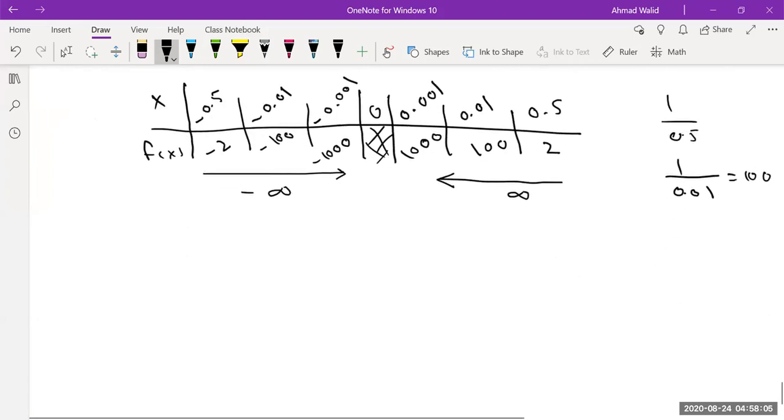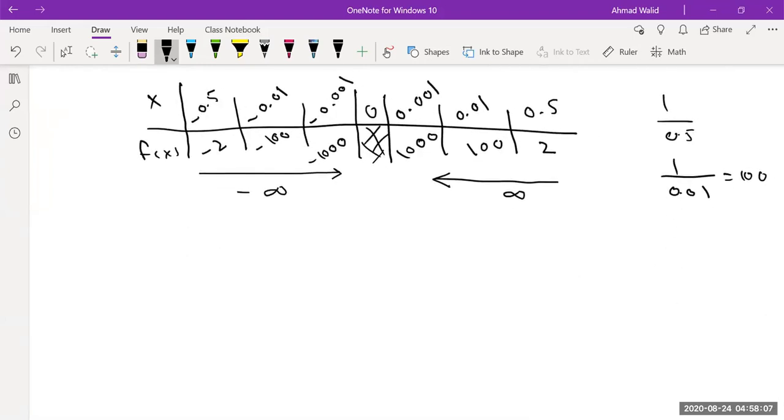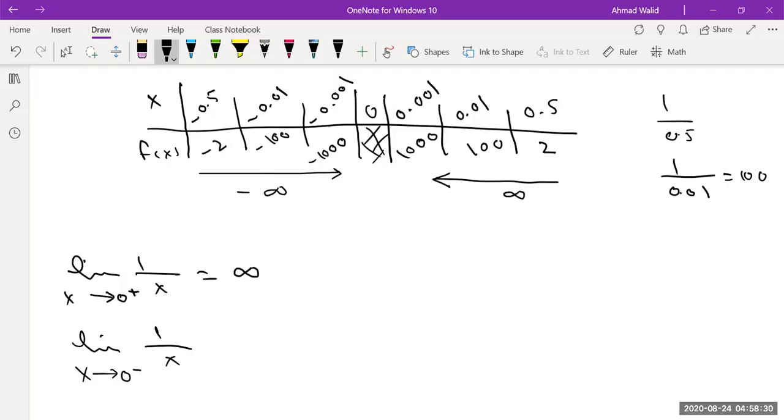Then I will write these for you. The limit of 1 over x as x approaches 0 from the right side, finally it goes to where? To positive infinity. Also, the limit of 1 over x as x approaches 0 from the left gives you negative infinity.